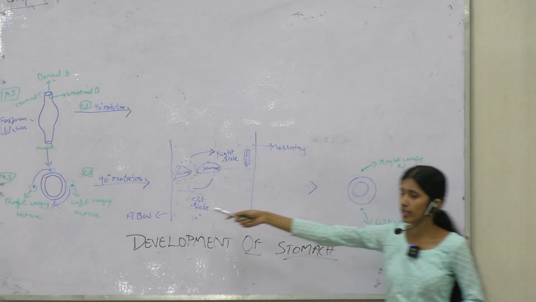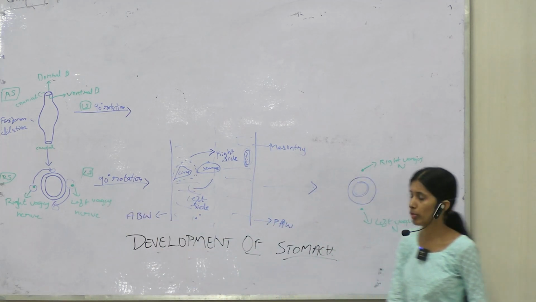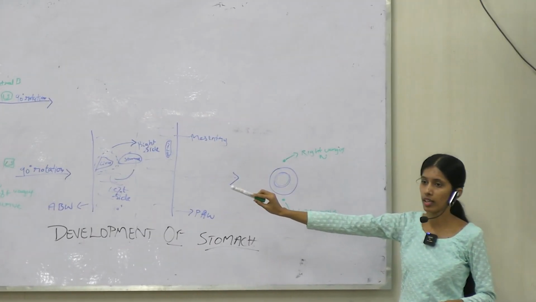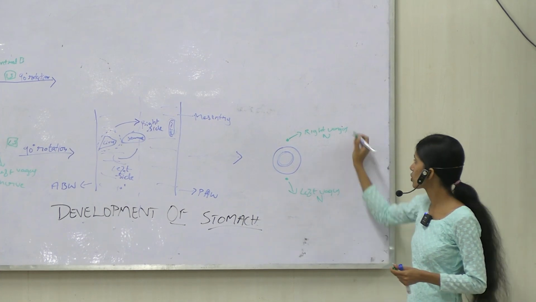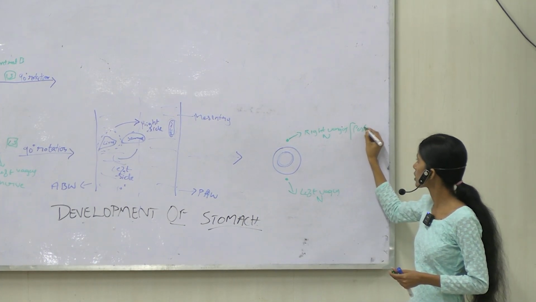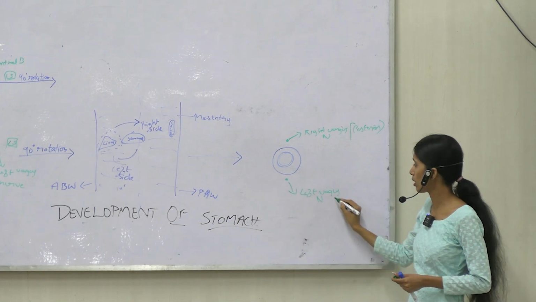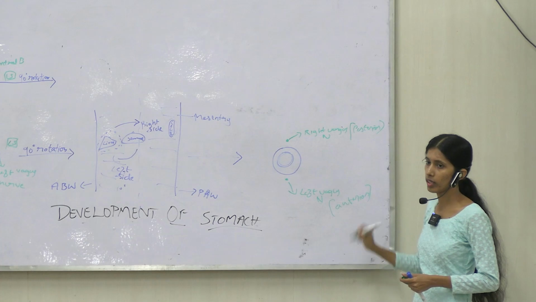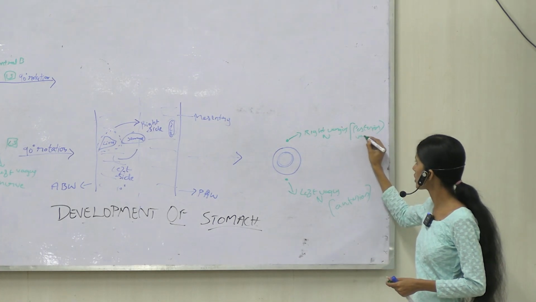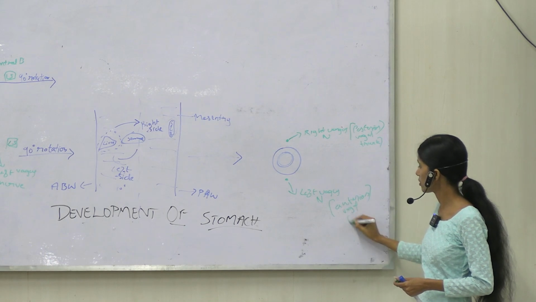Okay, the 90-degree rotation is taking place in your section also. As a result, your right vagus nerve moves towards the posterior region, and your left vagus nerve will come towards the anterior region. Okay, now these are called the posterior vagal trunk and anterior vagal trunk.